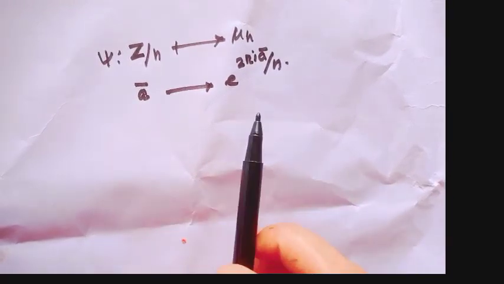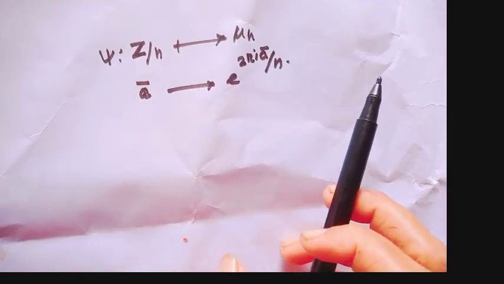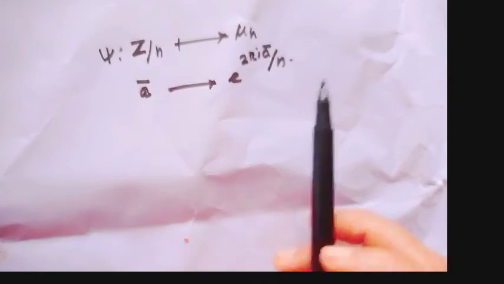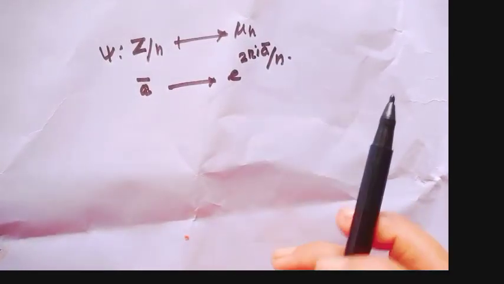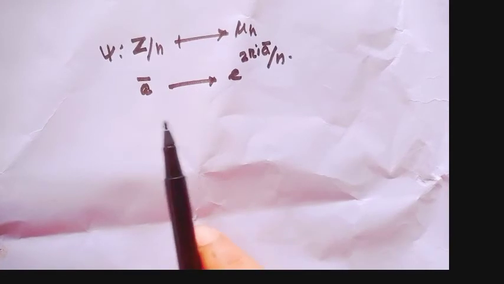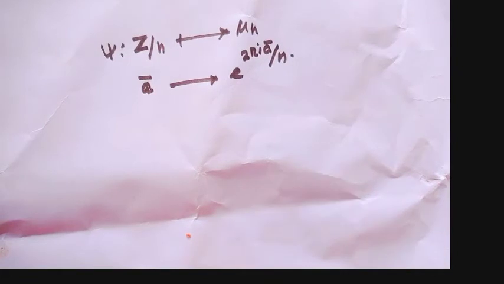This map is always a homomorphism, and from different values of a bar we get different images, and the image is the whole of mu n. So this is 1-1 and onto both. So these groups are isomorphic to each other. Okay? Let's see one more example.